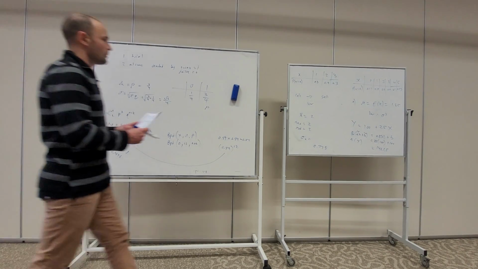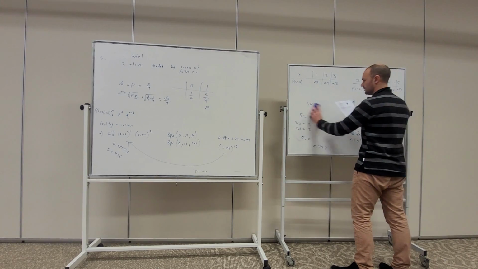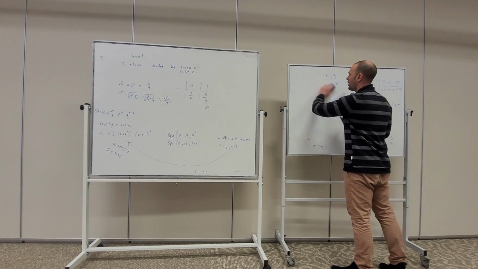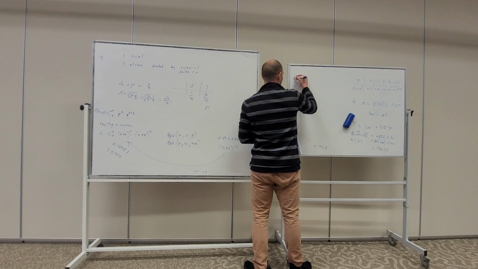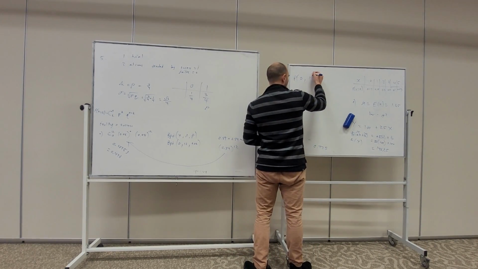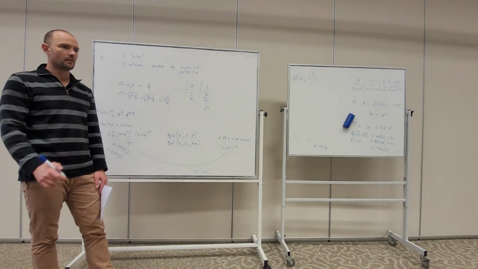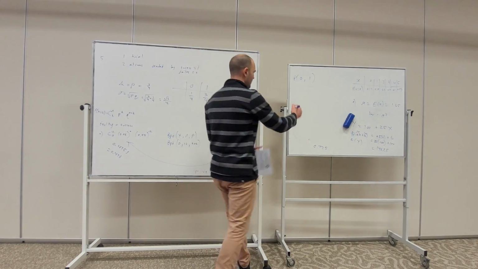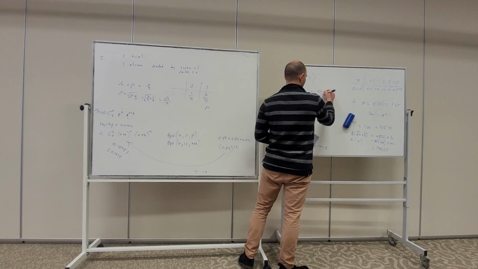Okay, next one we have, what about at most one being faulty? At most having one item faulty. So this is the probability of having 0 items faulty or 1 item faulty. There are 2 ways we can think about it. It's the probability of having 0 faults plus the probability of having 1 fault.